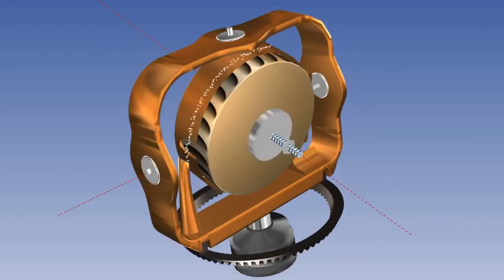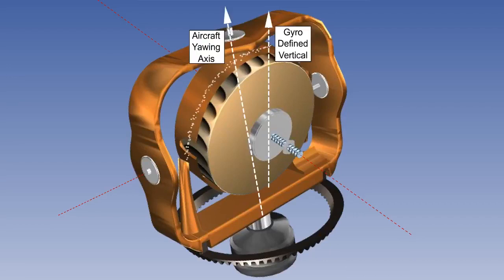If the aircraft now banks to its right, the gyro axis and the inner gimbal stay level, but the outer gimbal banks with the aircraft. The aircraft will start to turn. Gimbaling error is caused because the aircraft is rotating about its own yawing axis, whilst the inner gimbal stays level. The outer gimbal ring must move.